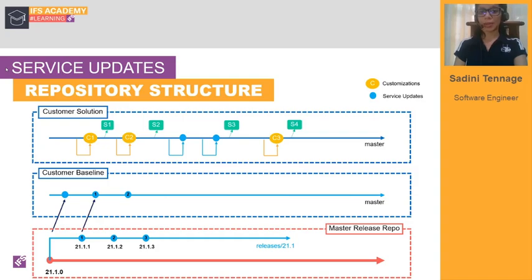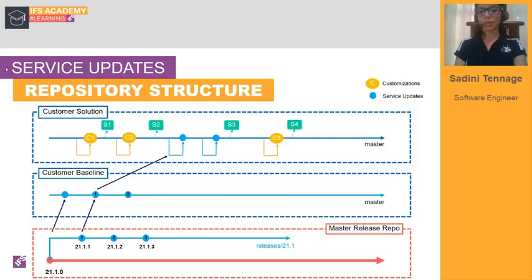The customer baseline repository will contain core code released by IFS for the updates taken by the customer. Secondly, the service update will be fetched from the customer baseline repository onto the customer solution repository. The customer solution repository will contain the core code plus the customizations done for a customer.